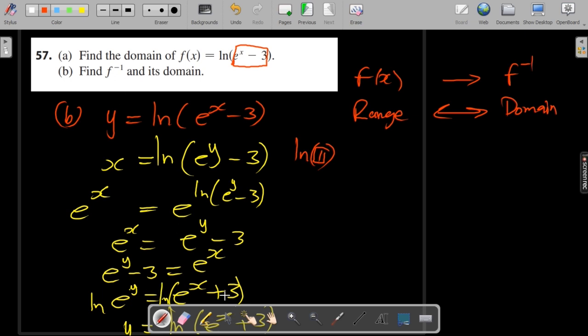So if you substitute ln of 3, which we calculated in the previous question, up here, that would be ln of 3 minus 3, and we don't necessarily want that. So we said it was going to be greater than ln 3. So this will basically give us an answer which is greater than 0. So perhaps 0.1 or something like that.